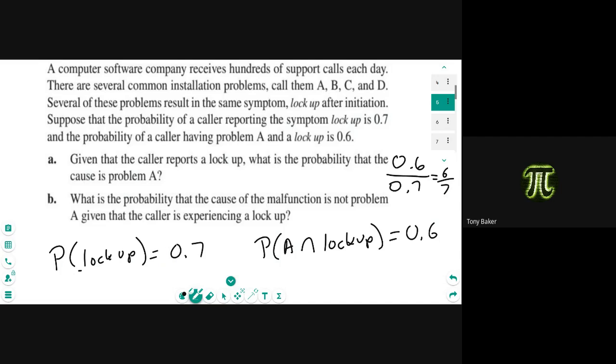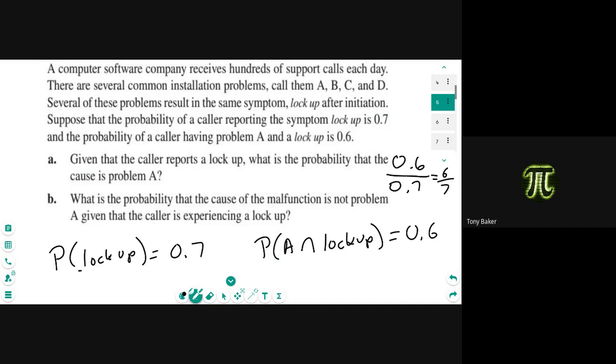It'd be 0.6 over 0.7, which if we multiply top and bottom by 10, we get 6/7. I just left it as a fraction. If you divide it, you get 85%, or 0.85.